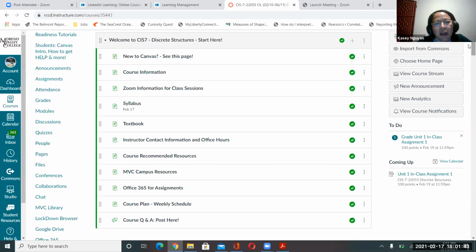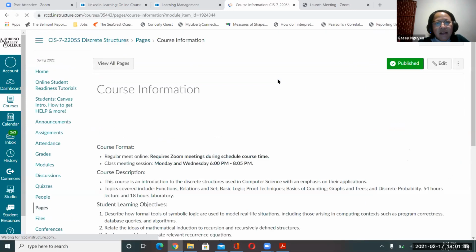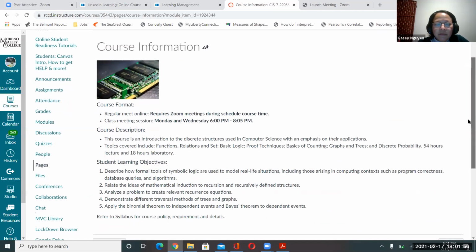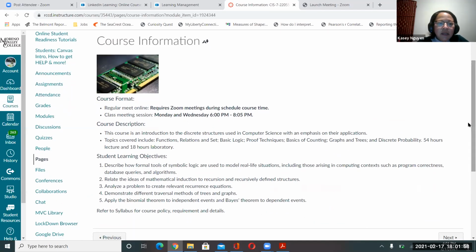And so for this course, what you're going to be learning is you are going to touch on some math concepts that you might have covered in other classes. Let me minimize the people here. And our class is 3 units. We are going to cover discrete math and some logic proof, counting, graphs and trees.